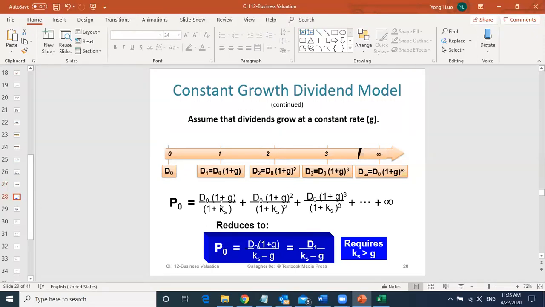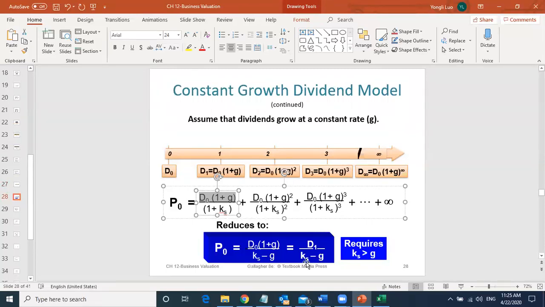If you calculate the price of the common stock, your dividend is the current dividend times 1 plus G%, which is actually D1. So D0 times 1 plus G% is D1, divided by KS minus G%.